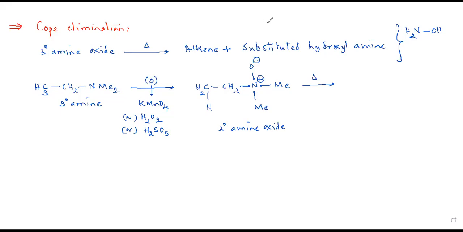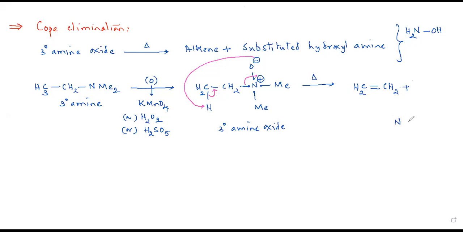Okay. Now, as usual, say this O minus takes away this H in the form of a proton. This comes here, and of course, the bond goes to the rescue of the positive charge. Positive charge is neutralized. Now the products, you can see them clearly. You got your ethylene plus a substituted hydroxylamine.